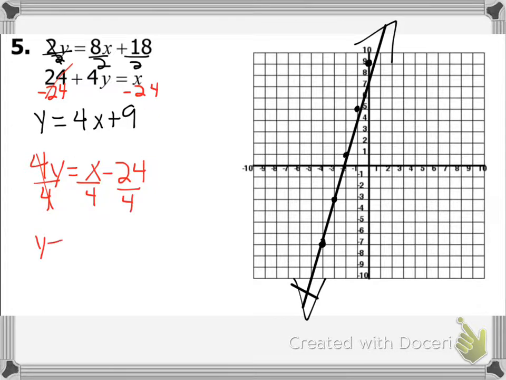So I get y equals 1/4 x minus 6. What's my y-intercept? Negative 6. What's my slope? 1/4. Up 1, right 4. Down 1, left 4.